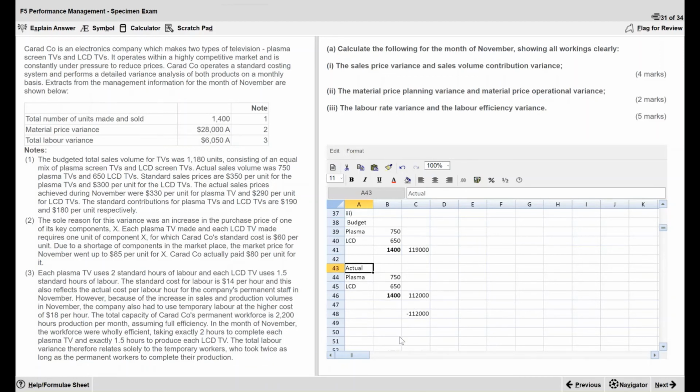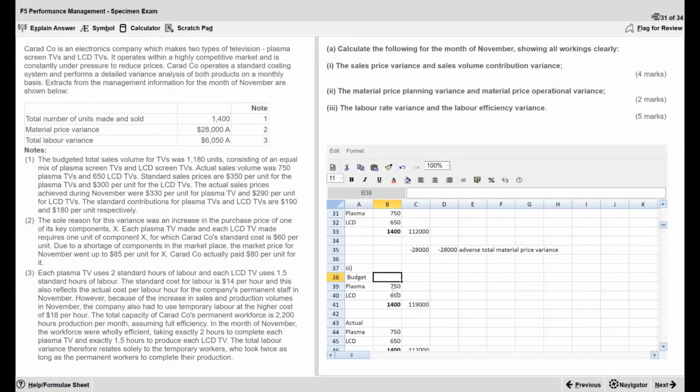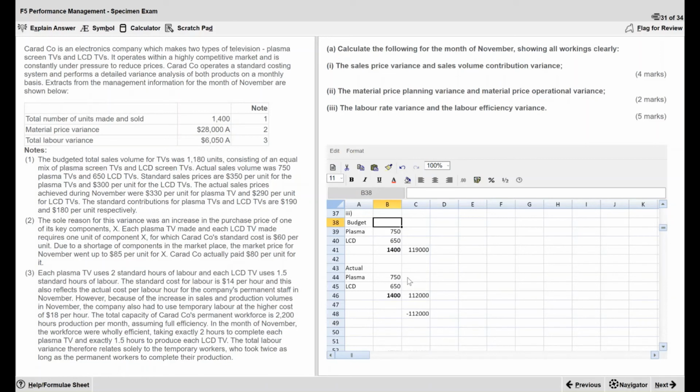Okay, let's answer it. So to find rate, we calculate the standard rate multiplied by the actual rate, standard rate minus the actual rate.